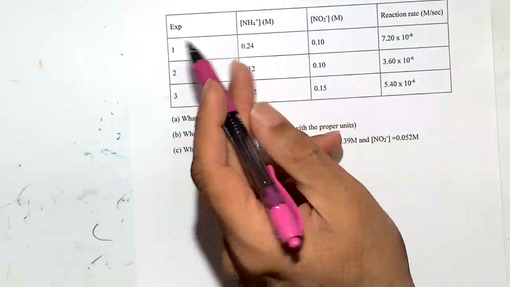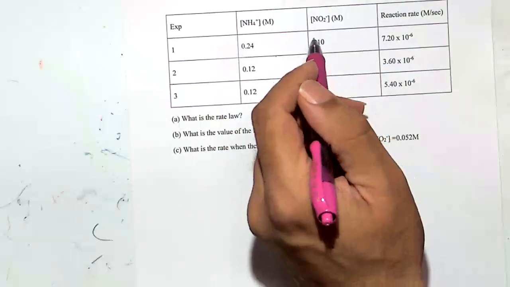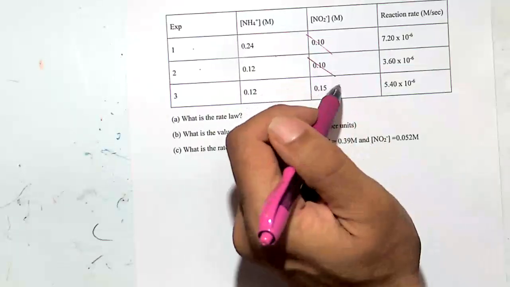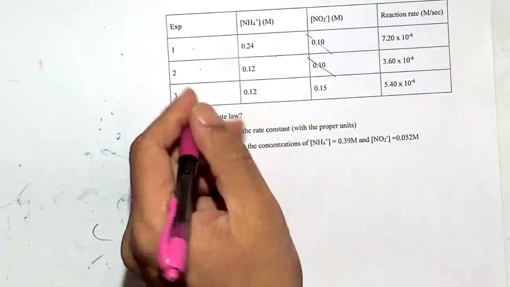So first thing I'm going to do is look at this data table, and I'm going to compare experiment 1 and experiment 2 because I can cancel these out.